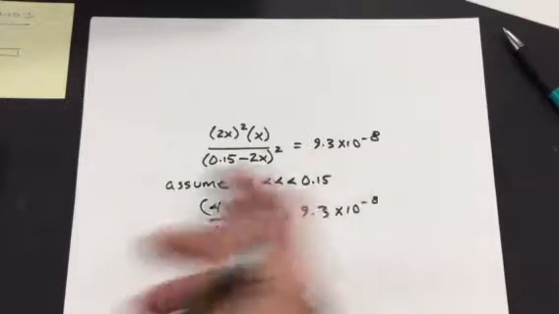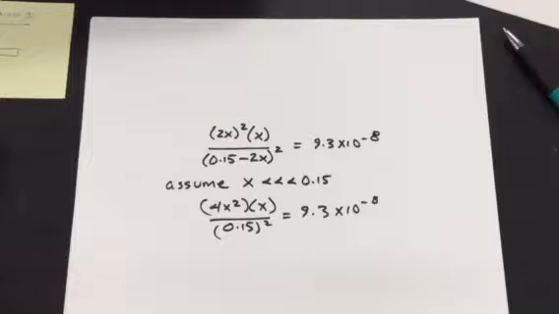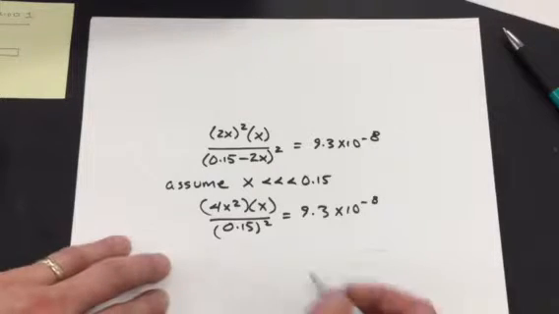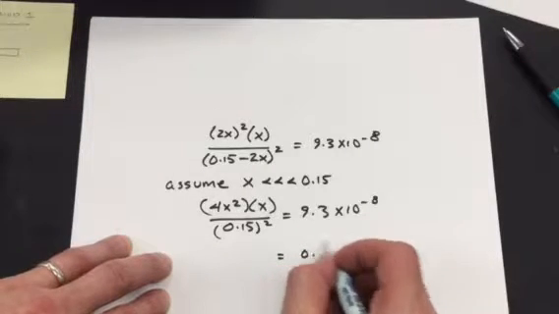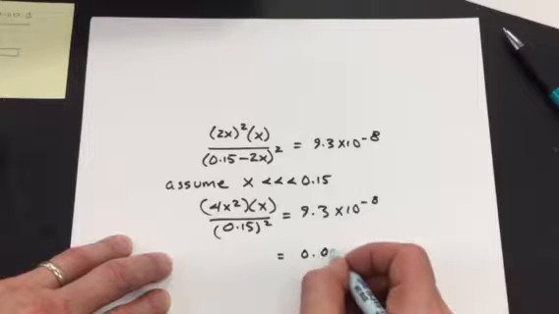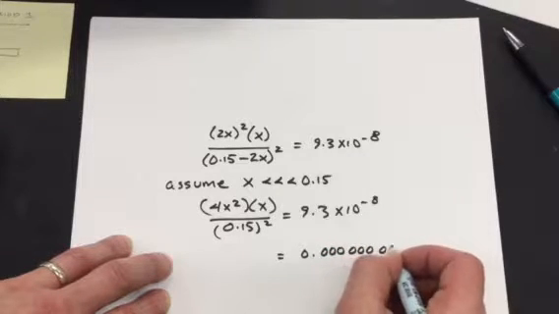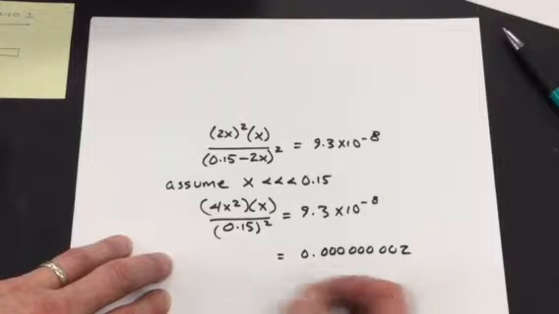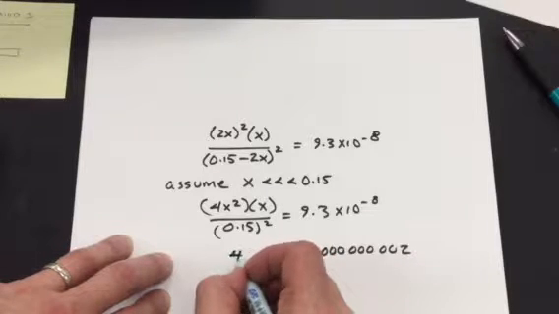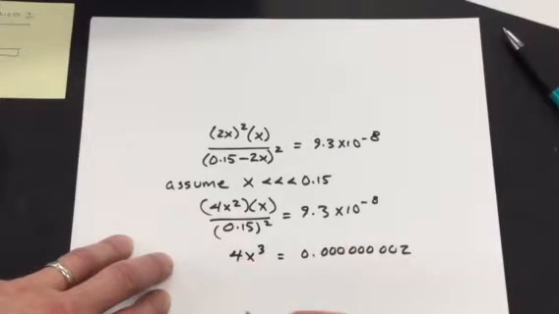I got to square it, 0.15 squared. I will get a very small number, 368 and a 2, and then I'll have 4x cubed on the left-hand side.